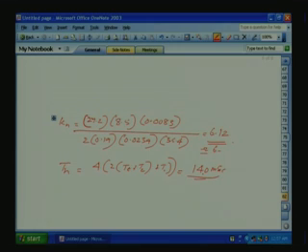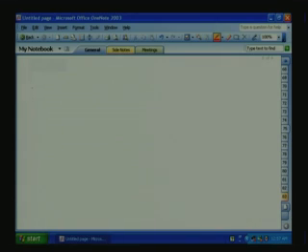If you see the numerator of the transfer function, you want the reference to be filtered through these two filters, or approximately 1 plus (Tn plus T1)S.